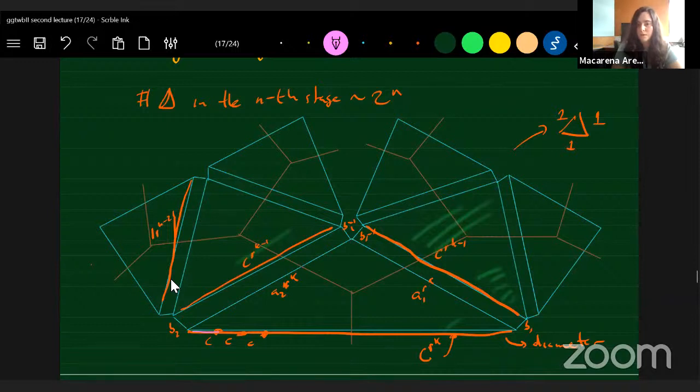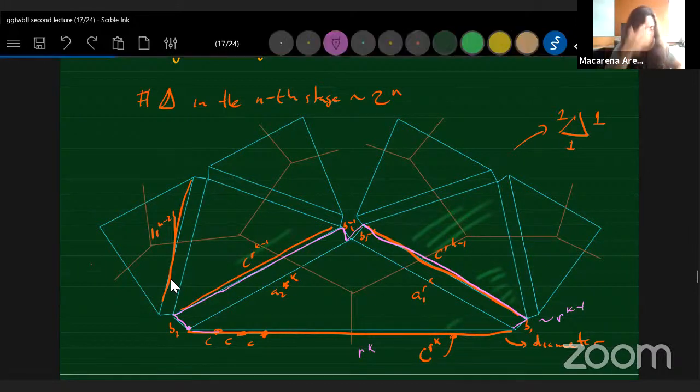This path has length R to the K. And the path that we obtain by instead going around this side has length about 2 to the R to the K minus 1.